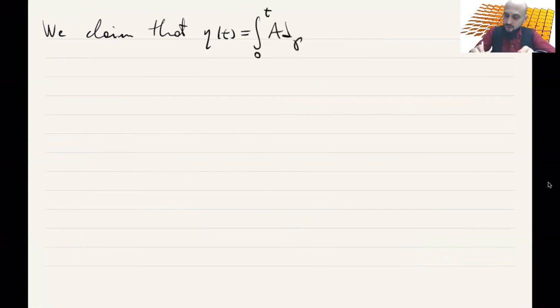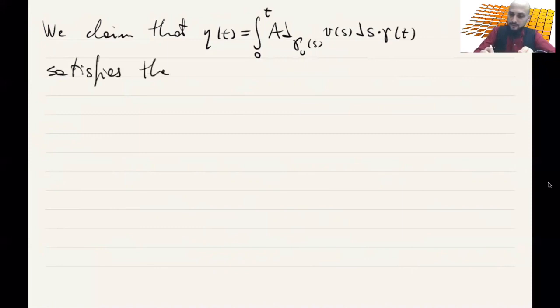Now we claim that the curve eta, defined as the integral from 0 to t of the adjoint of gamma u(s) v(s) ds, right translated by gamma(t), satisfies the same ODE.